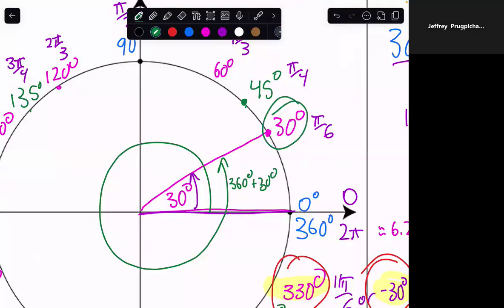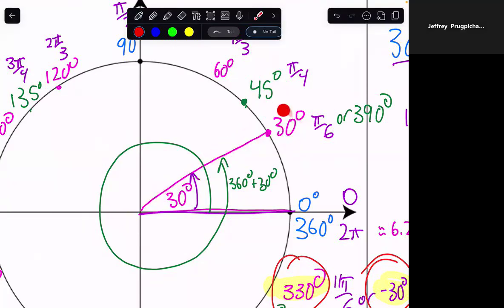This 30-degree angle could also be called 390 degrees, right? Because whether you go directly there or take a loop and then go there, both of these end in the same place. So 30 degrees and 390 degrees are called coterminal angles. They both end in the same place.